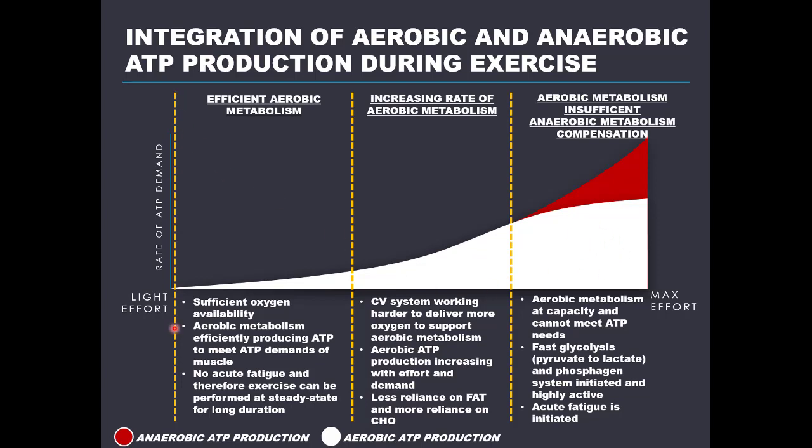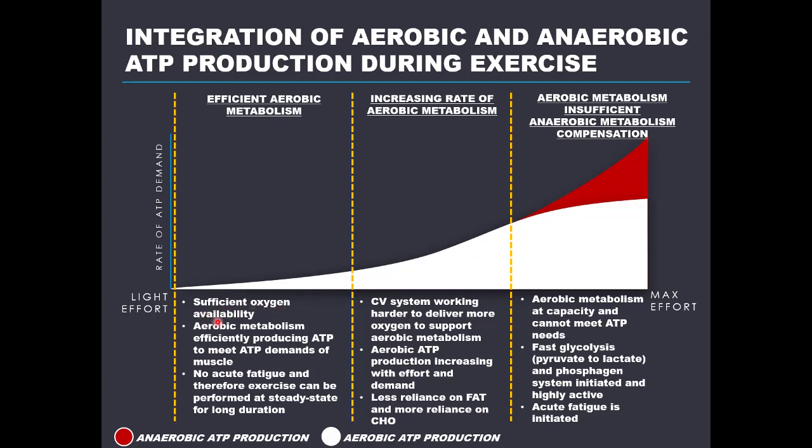So we sort of compartmentalize this curve into three sections. So we can see at various workloads, or at increasing workloads, what is happening in terms of aerobic and anaerobic metabolism. So if you look down here, this is like rest to low intensity exercise. The aerobic system is efficient in meeting the ATP demand. Why? Because the ATP demand rate is pretty low.